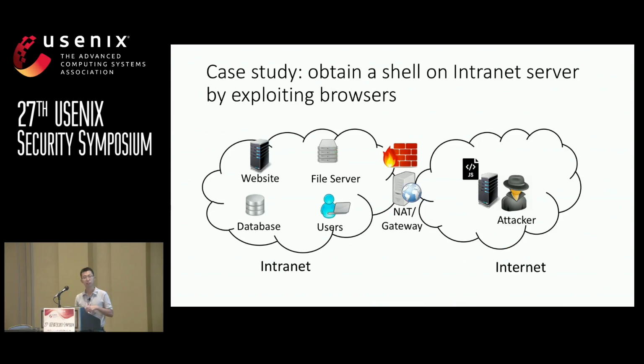We found this implementation flaw allows a web attacker to obtain a shell on an Intranet server from outside by sending cross-origin requests from the victim's browser and exploiting an Apache Struts vulnerability in the Intranet.